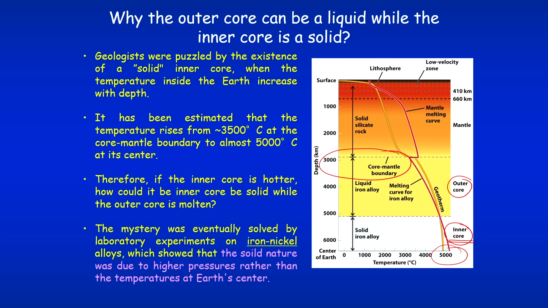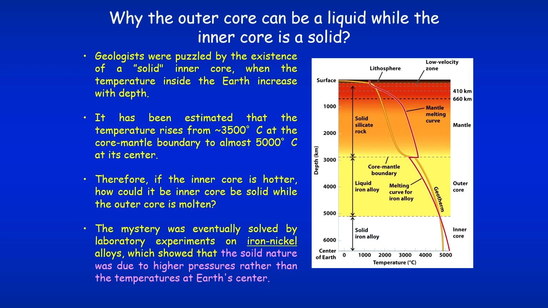The mystery was eventually solved by laboratory experiments on iron-nickel alloy, which showed that the solid nature was due to high pressure rather than the temperature at the center of the Earth. The pressure increases so much that it does not allow the inner core to remain in a liquid form.